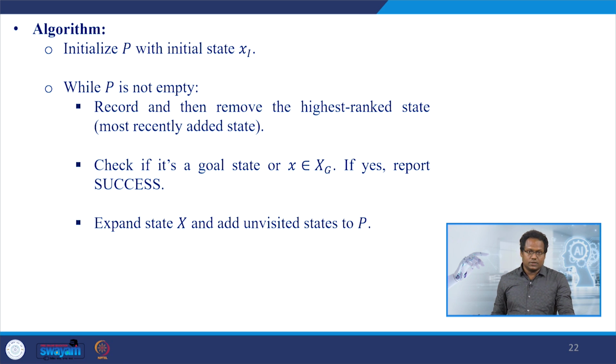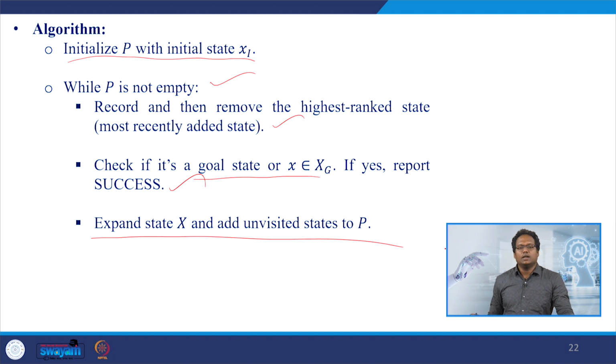So, the algorithm states like this: initialize P priority vector with initial state xi, while P is not empty, perform this: record and then remove the highest ranked state, the most recently added state. First do with that because it is a LIFO based strategy. Check if it is a goal state, that is x belongs to the goal set xg. If yes, report success, else expand the state x and add unvisited states to P.